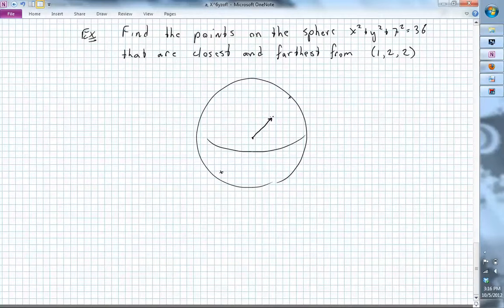So the magnitude of that vector is 3. If you double it, you're going to be on the surface of the sphere. And if you multiply that thing by a minus sign and go backwards through the origin, you're going to find the other point. So can you figure out what this point is? 2, 4, 4. Done. And this guy?